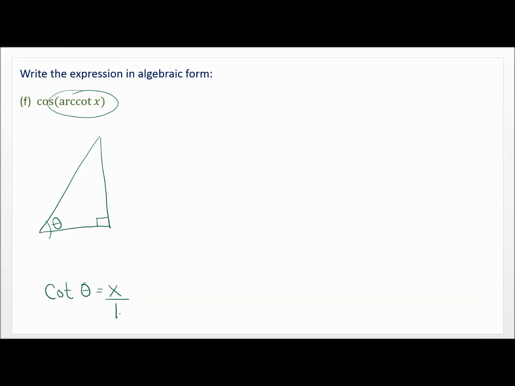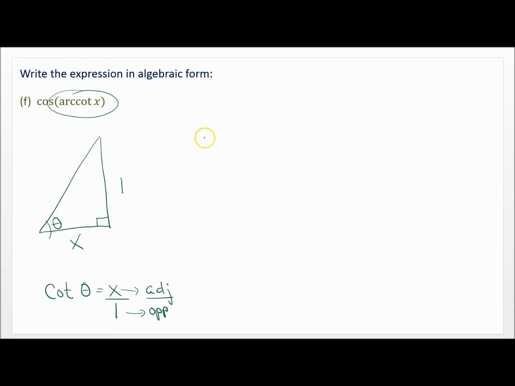Now we know cotangent is adjacent over opposite. That is the definition of cotangent in terms of sides of a right triangle. So the adjacent side corresponds with the x, and the opposite side corresponds with the 1, so opposite of theta over here is 1. What we need to find is the hypotenuse.